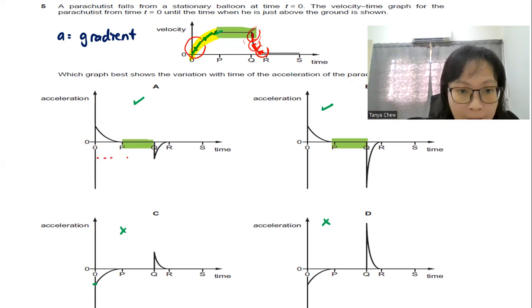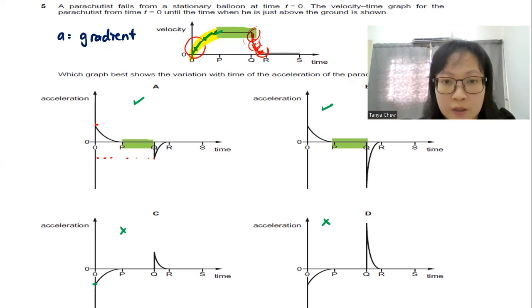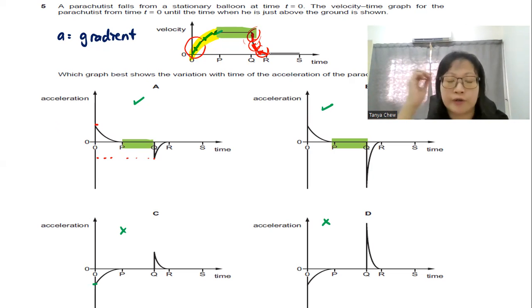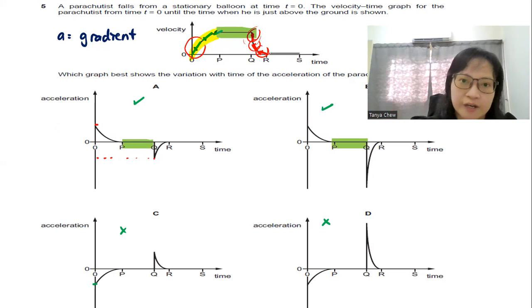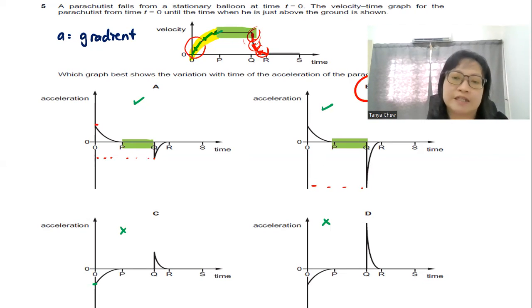I need to compare the value of my acceleration. So there must be the difference between the two acceleration. One is a negative acceleration due to the tangent lines here are negative and increasing in a negative direction. And my acceleration here will be higher. B will be more accurate. So B is the answer.